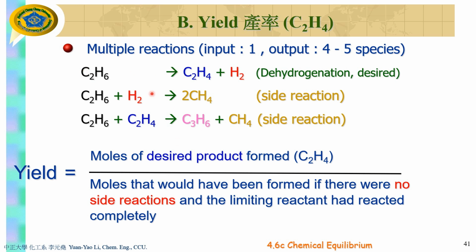And the limiting reactant has reacted completely. Remember, the limiting reactant will have reacted completely. So according to this definition, you can calculate the yield. Yield is 良率, right? 良率 or 产率. Okay.